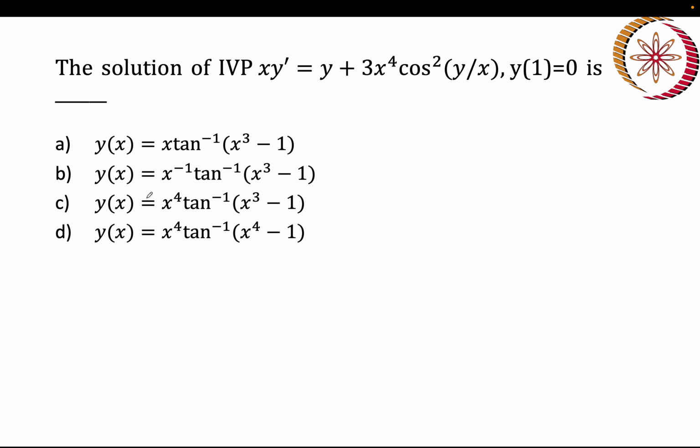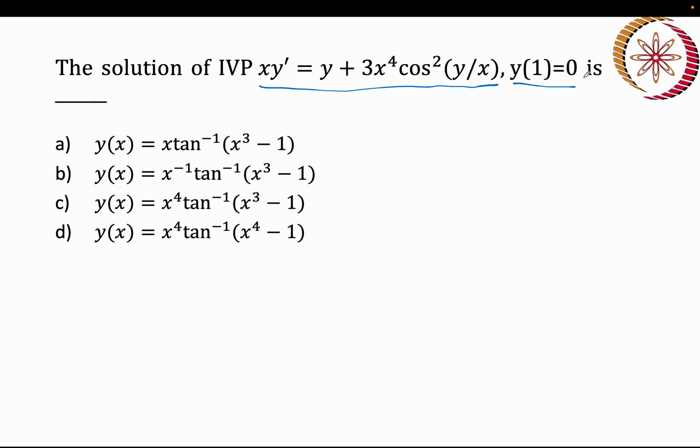Okay, so the next question is the solution of the initial value problem. This differential equation is given, and the initial state, or boundary condition, is given: y(1) is equal to 0.